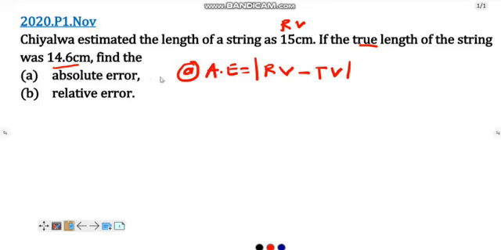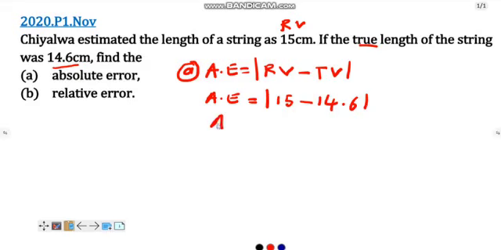Find the absolute error. So we are just going to substitute. Absolute error is equal to 15 minus 14.6. These bars are a modulus; they show the absolute value to be a positive number.